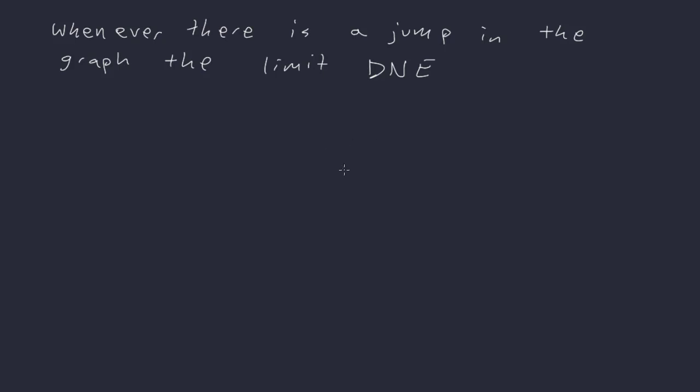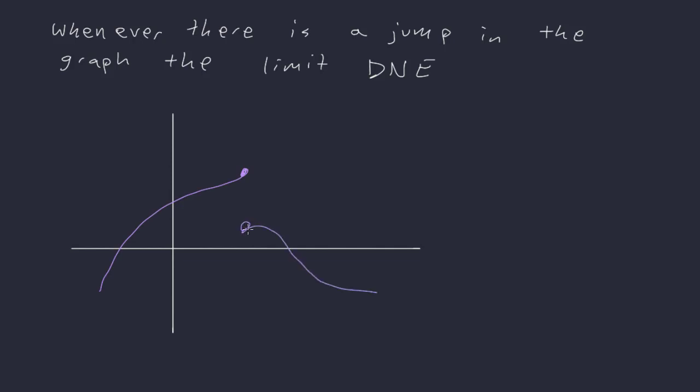Okay, to save us some time, whenever there's a jump in the graph, the limit does not exist. And you can see why that would be just by drawing any graph with, say, a jump. The limit's not going to exist because from the right side, when we approach it, we're approaching this y value, so let's say that's 1.